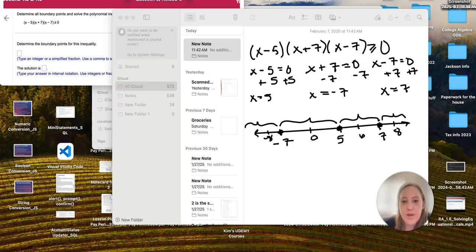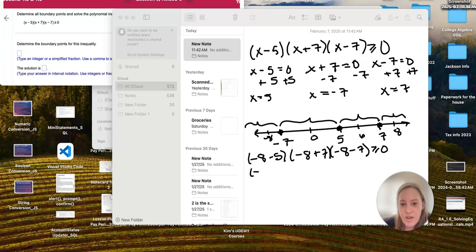Okay, so we're going to start by plugging negative 8 into our inequality and evaluating what happens. So negative 8 minus 5, negative 8 plus 7, negative 8 minus 7. Now it's not so much about the numbers or the values you end up with, it's about whether it turns negative or positive.